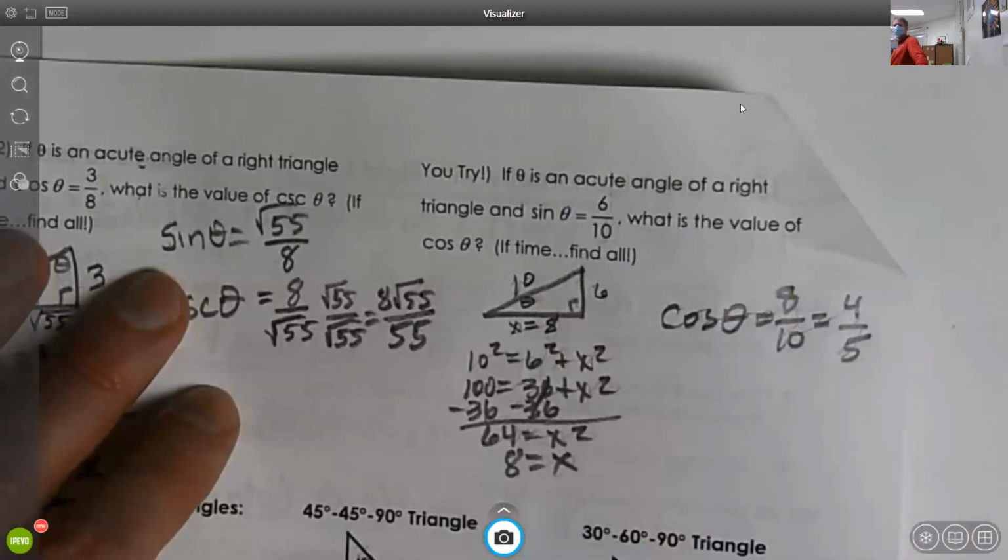So we took the information they gave us from the beginning to develop a triangle so we could find the missing side. And then we were able to write our trig function. It would have been much more exciting if they asked us for a secant or cosecant or something like that. But cosine is just the same.